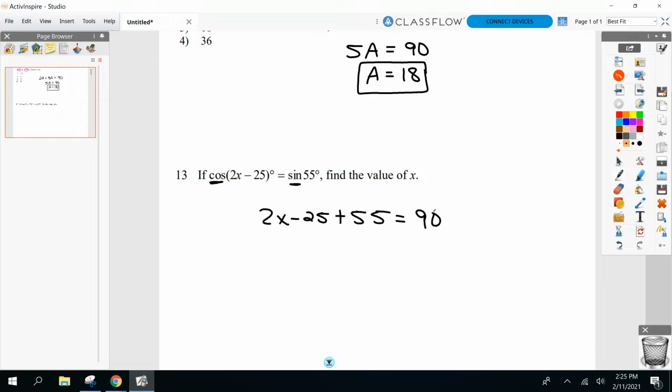So instead of setting them equal, I'm going to add them up and set them equal to 90. I get x equals 30. And you can always check your answer by plugging it back in for x and seeing if the angles add up to 90, to be on the safe side.